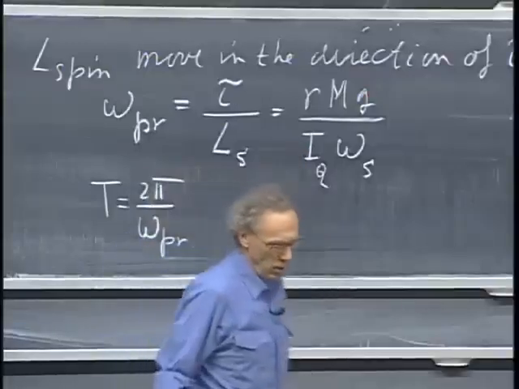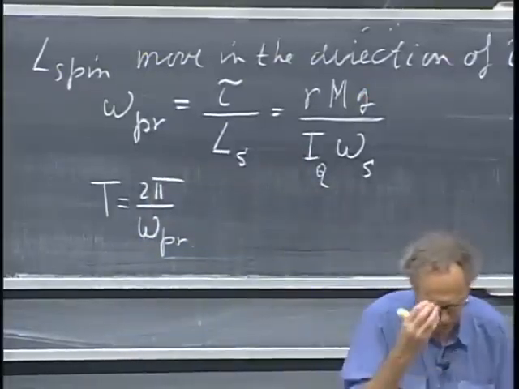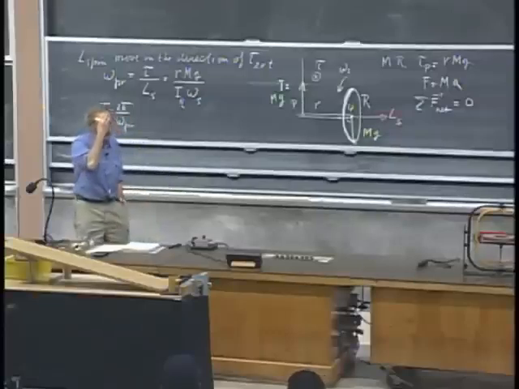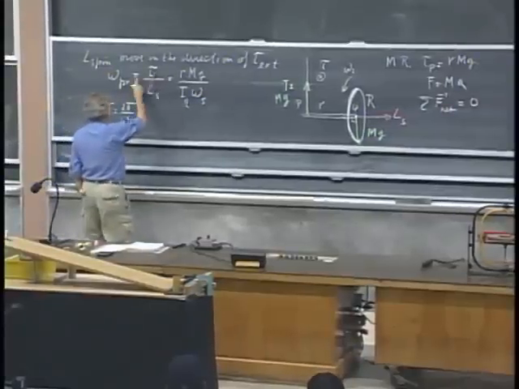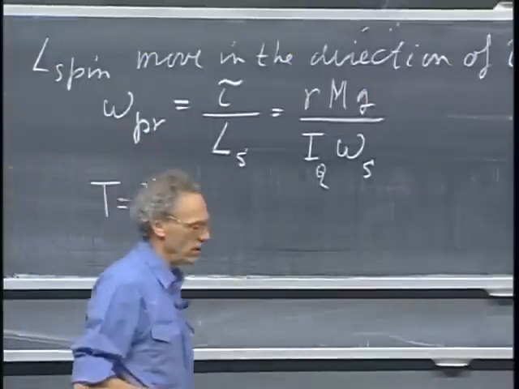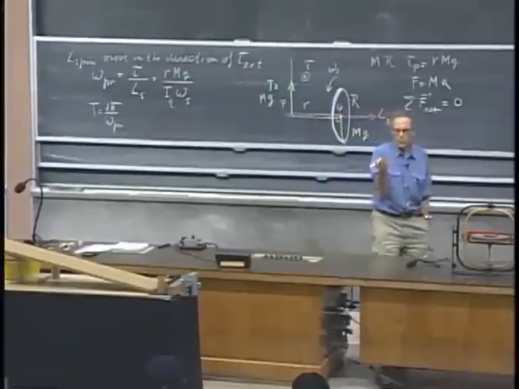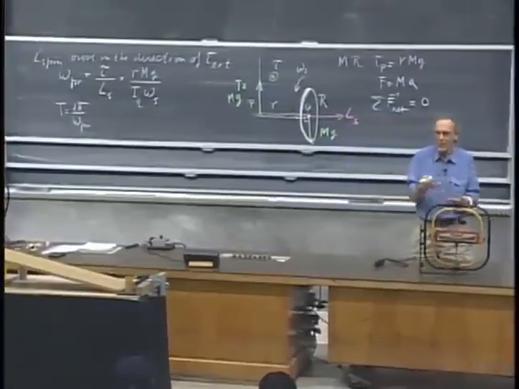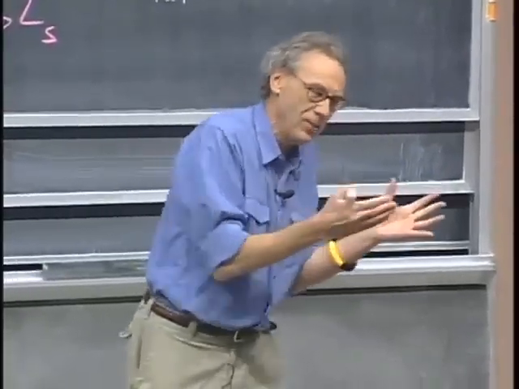Let's take a look at that equation and see whether that sort of intuitively makes sense. First of all, if you increase the torque, the upstairs, then it says that the precession frequency will increase. That makes sense to me, because the torque is persuading the angular momentum to follow it. So the torque is persuading the spin angular momentum to change.